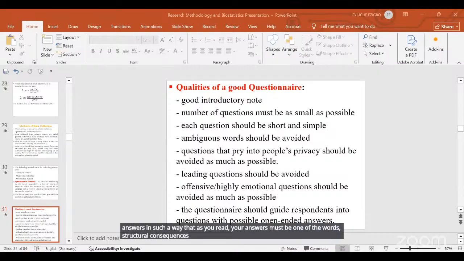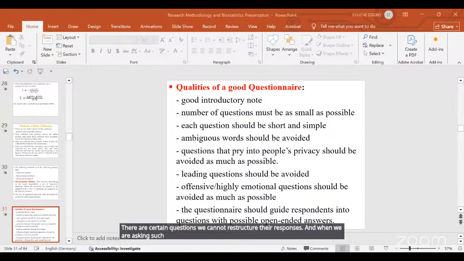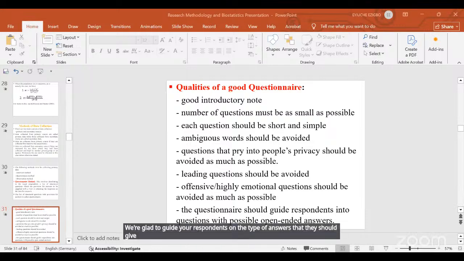I hope it's clear. But at the same time, there are certain questions that we cannot structure their responses. And when we are asking such a question, we try to guide the respondents on exactly the type of answers that they should supply.